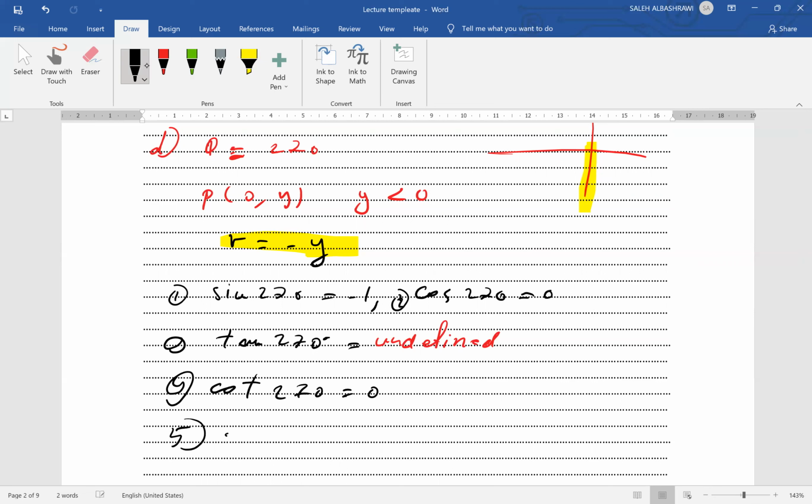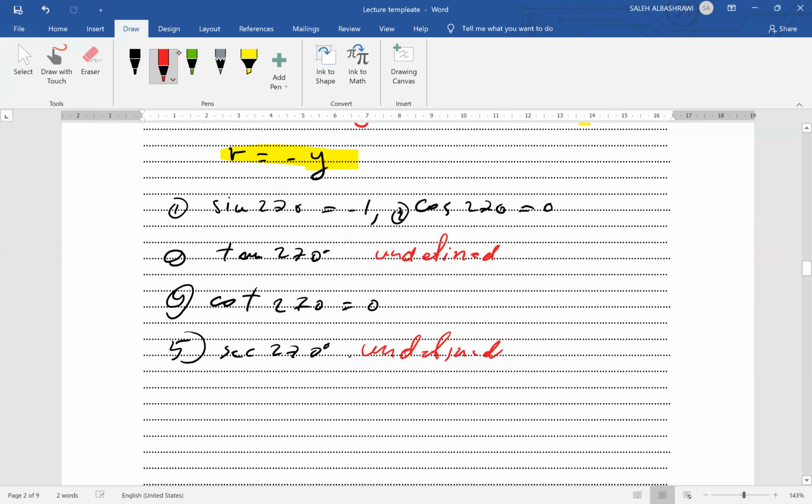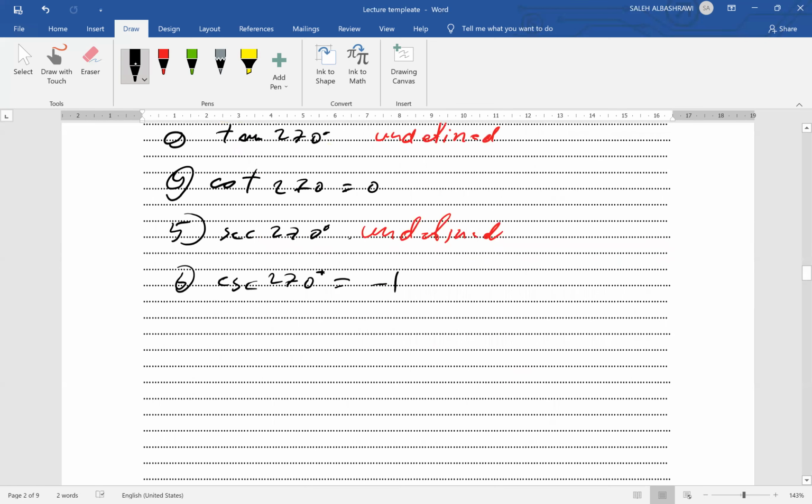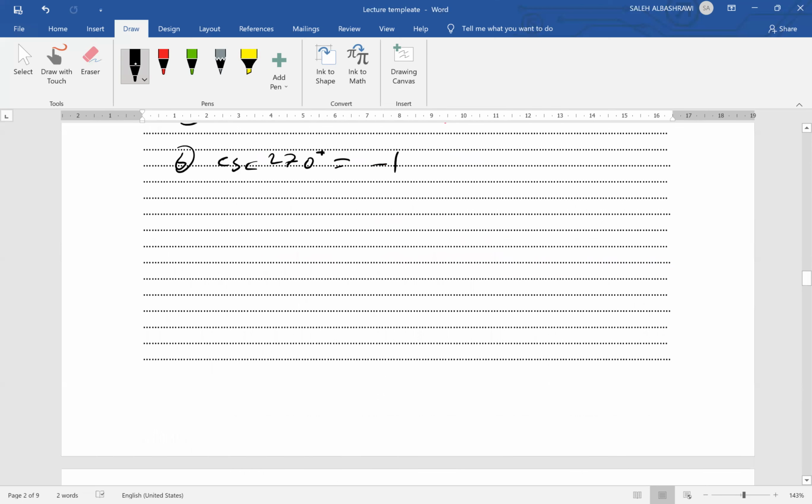Number 5, secant of 270 is also undefined. And last one, cosecant equal to minus 1. So these are the 6 trigonometric values for the quadrantal angles.